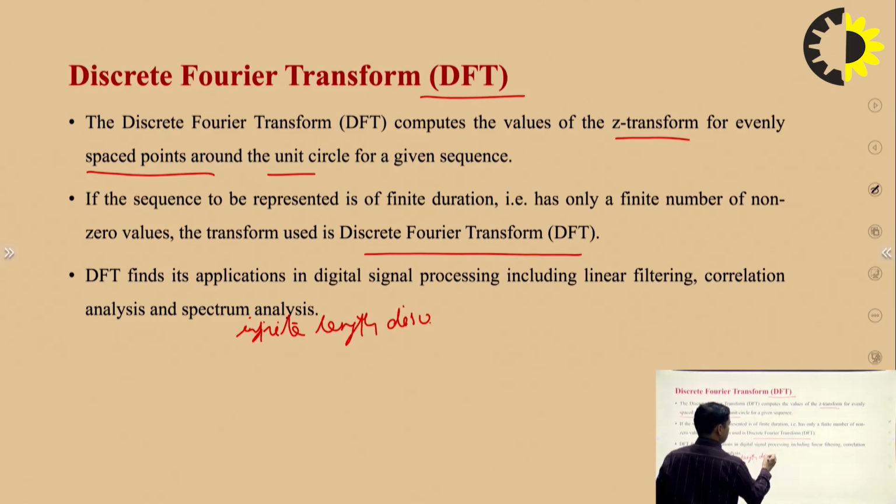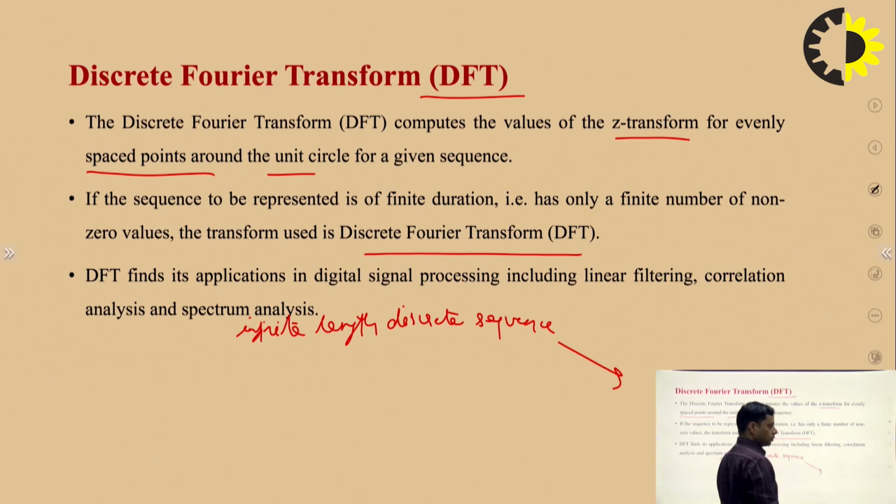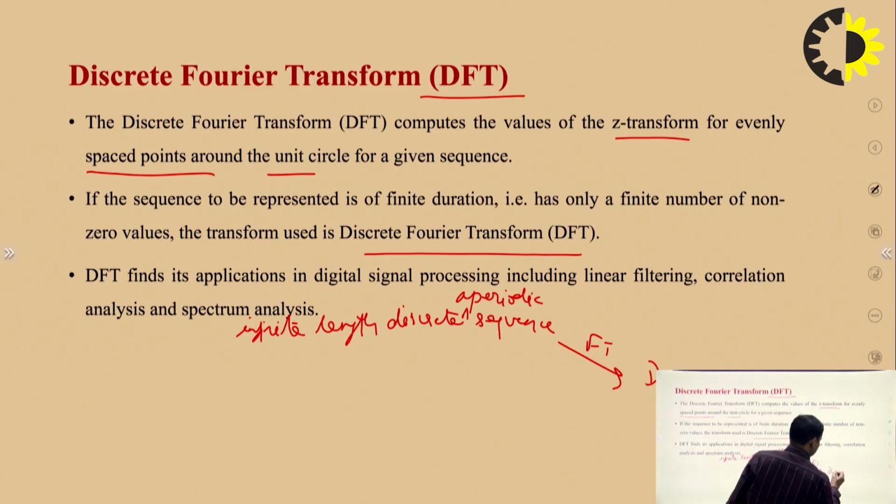discrete sequence, when we take its Fourier transform with a discrete aperiodic sequence, if the output of the Fourier transform is discrete and periodic, then this transform is named as a DFT.